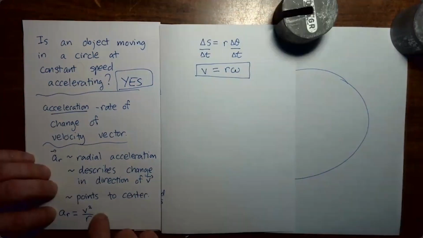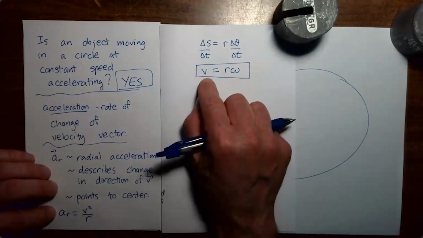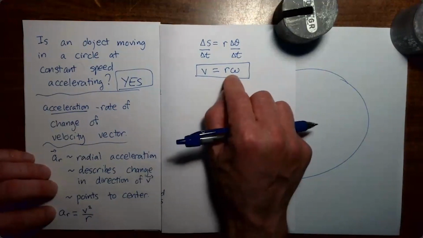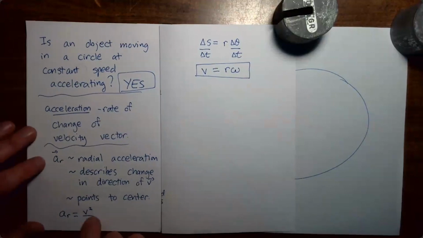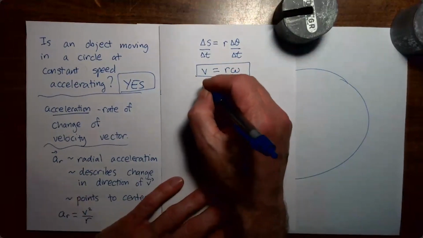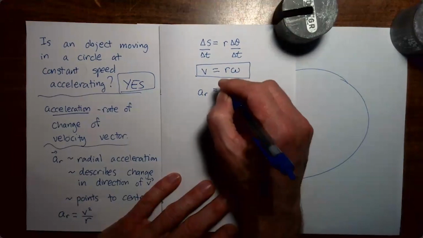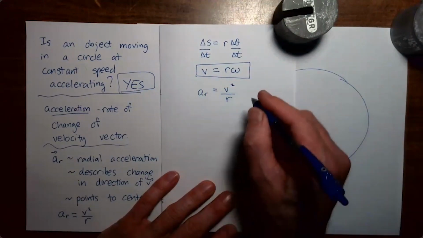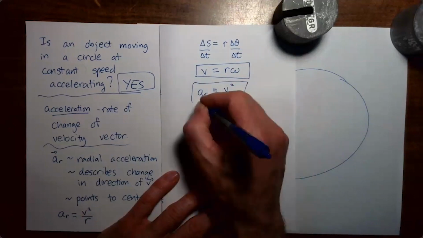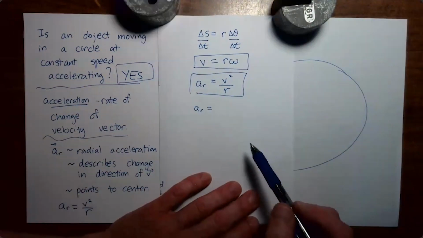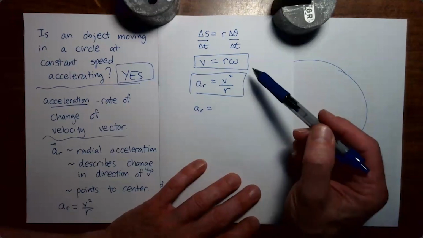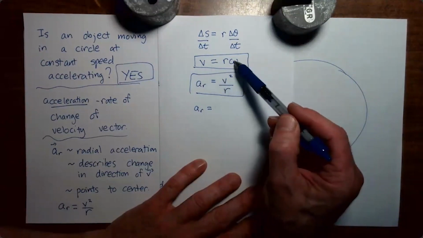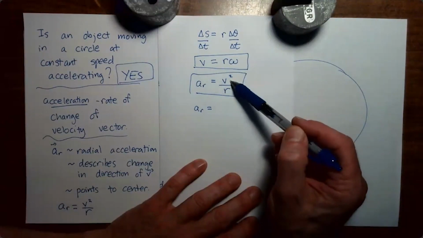We can get another formula for the radial acceleration by combining this result with our earlier result, which relates the speed to the angular velocity. So I'm going to take this and copy it up to here. So we have radial acceleration would be speed squared divided by radius. Let's box that one. That's an important equation. To get an alternate expression, let's take this result, v equals r omega, and substitute into the numerator here.